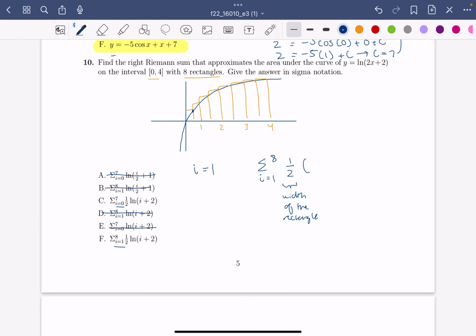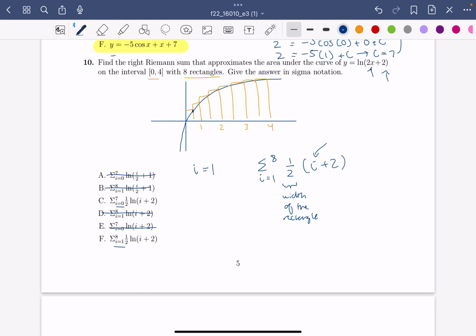times i plus 2. So we keep the 2, but the reason that this 2x becomes i is because 2 times 1/2 is just 1. So that 1 becomes the i.